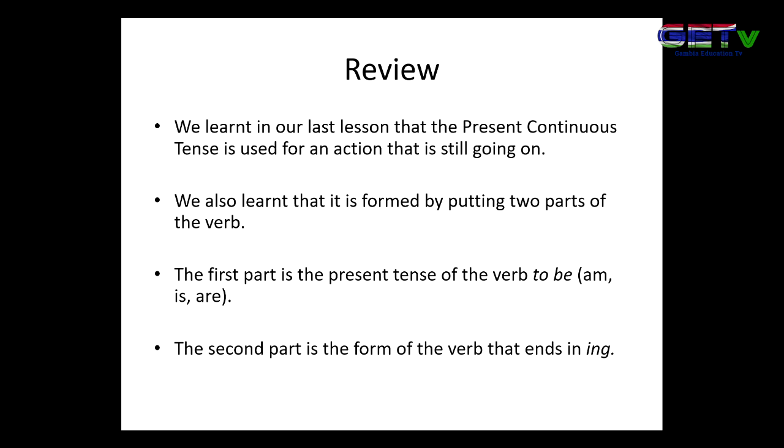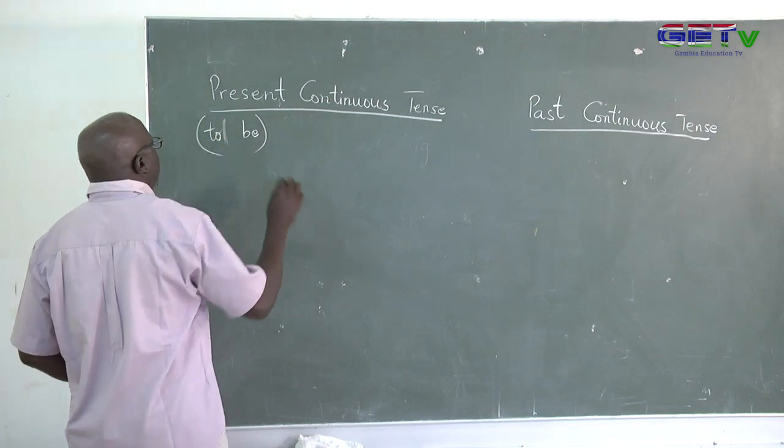We learned in our last lesson that the present continuous tense is used for an action that is still going on. It is formed by putting two parts of the verb. The first part becomes the present form of the verb to be.